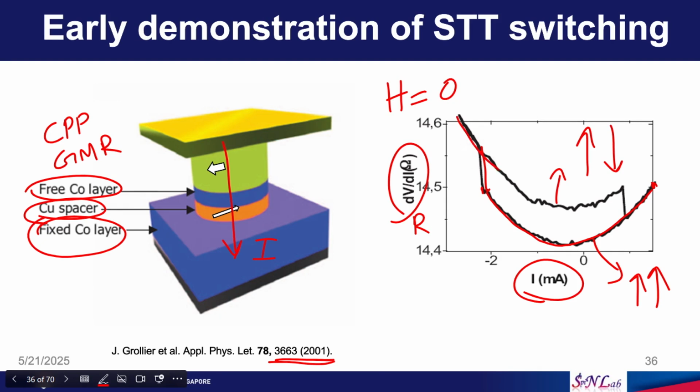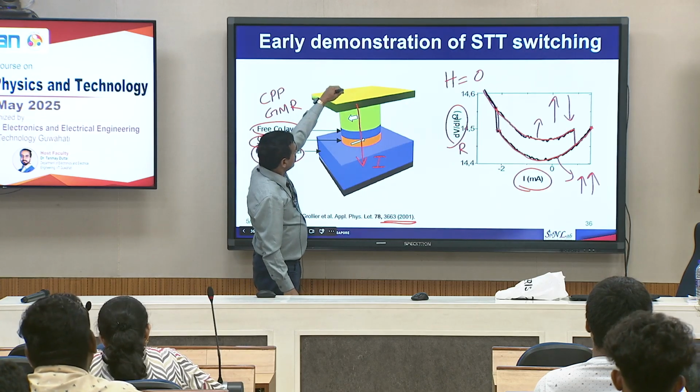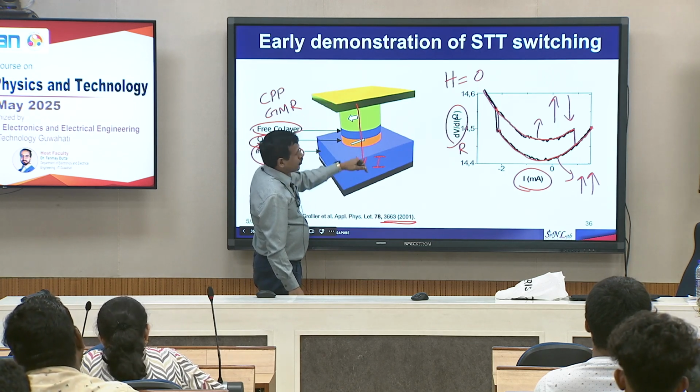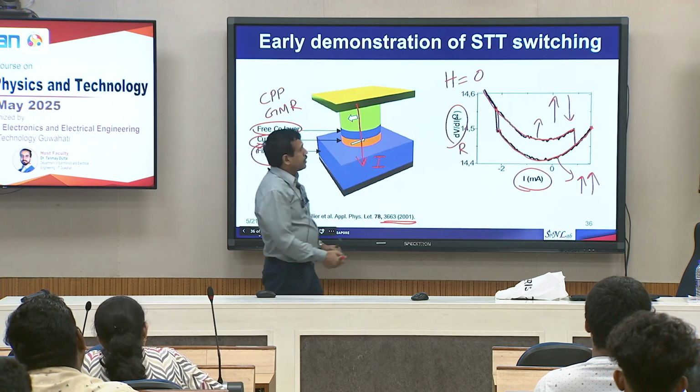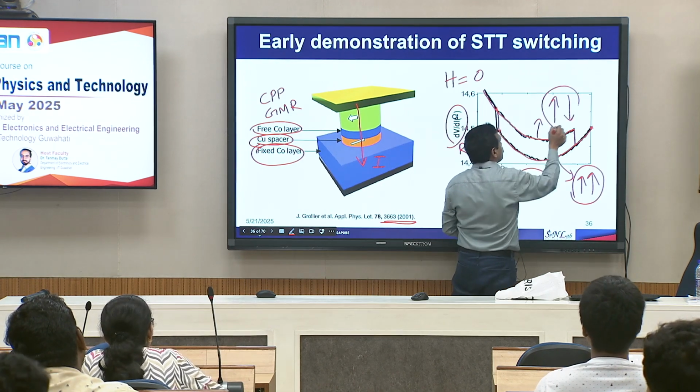Now, you go along this line and change the current direction. So, now from negative to positive, at a certain value you see that it has switched from anti-parallel to parallel configuration. Okay. So, here they did not apply any magnetic field. Only by changing the current amplitude and the current direction, they can go from parallel state to anti-parallel state.